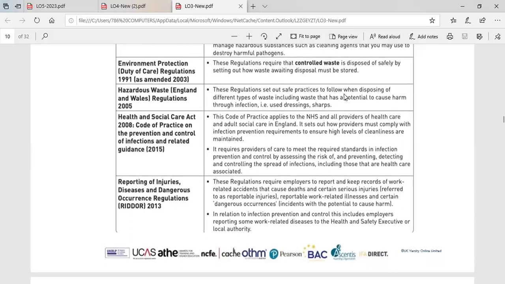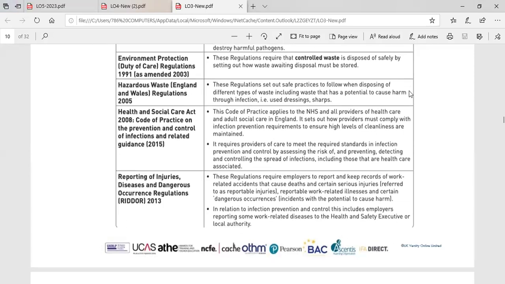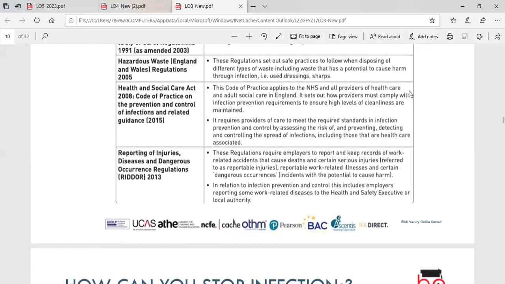Environmental Protection Regulations are there to monitor and control waste so that it is disposed of safely, setting out how waste awaiting disposal must be stored. Hazardous Waste Regulations again concern used dressings, sharps, and procedures with equipment that could be contaminated. So how would that be disposed of?